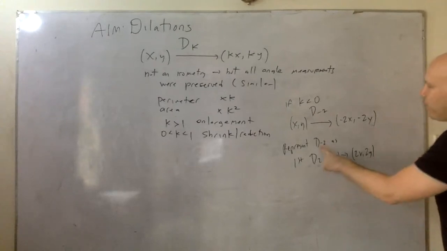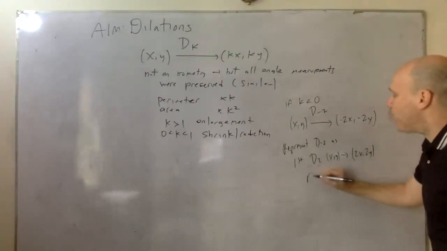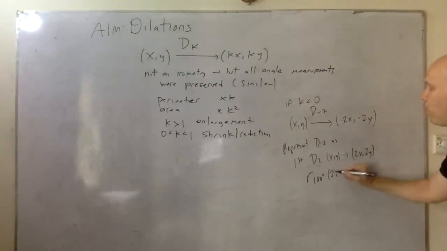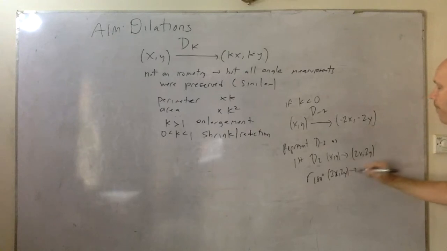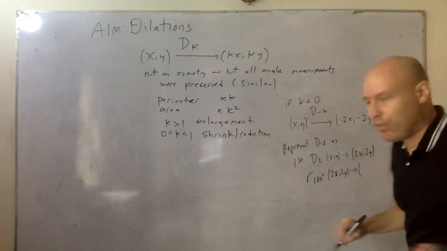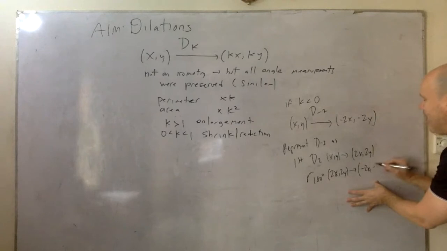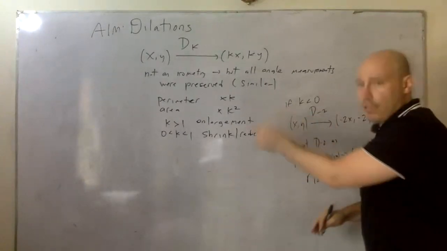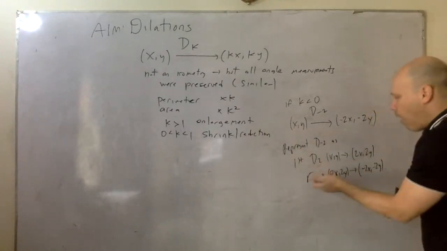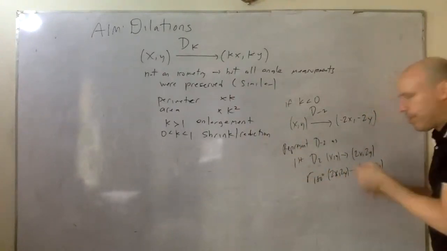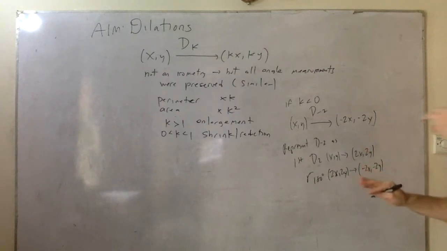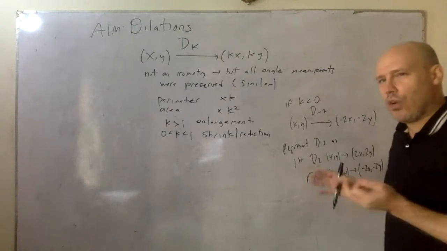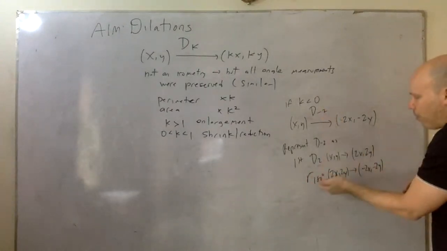And then the negative, we're going to see it as a rotation of 180 degrees. So 2x, 2y becomes, if you remember from your rotation rules, negative 2x, negative 2y. So we generally keep the dilation positive, and then we throw on a rotation of 180 degrees. So in the book, you're just going to see the dilations positive. Maybe they'll add on a rotation of 180.